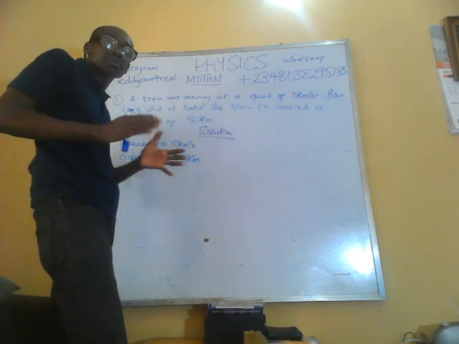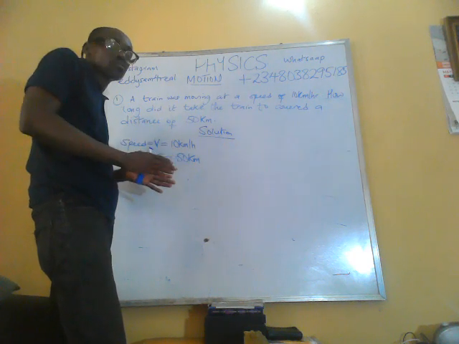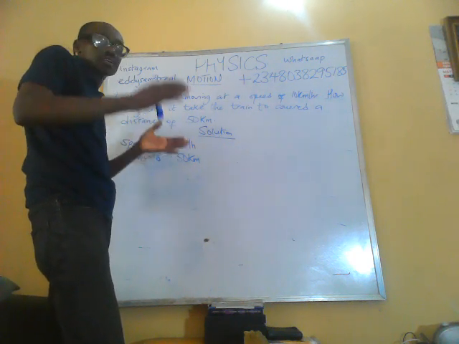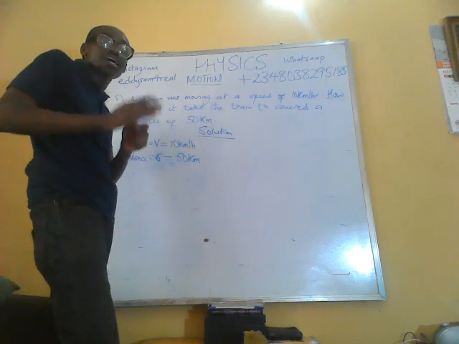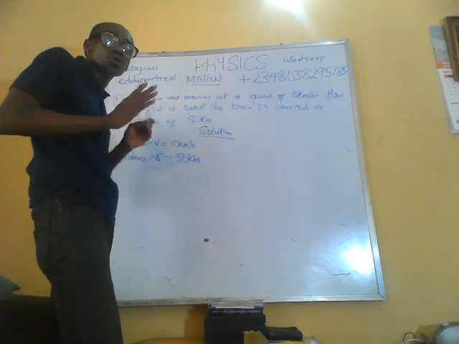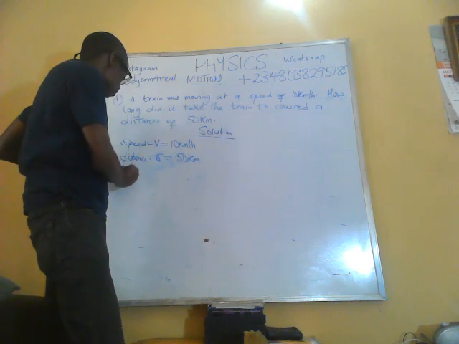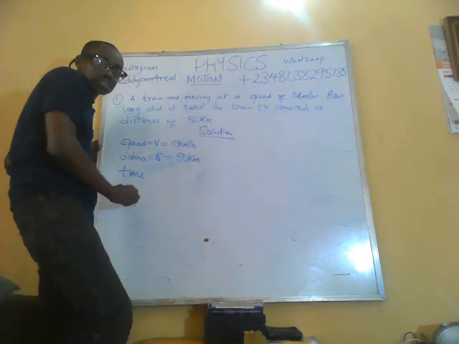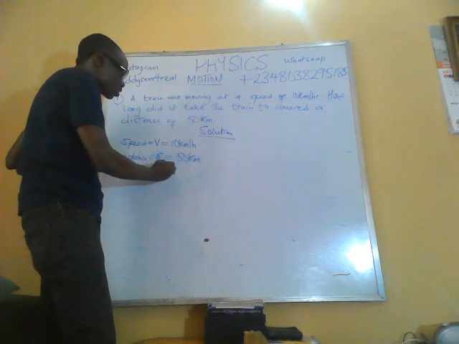How long means how much time did it take the train from when it started moving to when it covered this distance of 50 kilometers. So how long has to do with time. It refers to the time taken. We are going to use the symbol T to represent time.